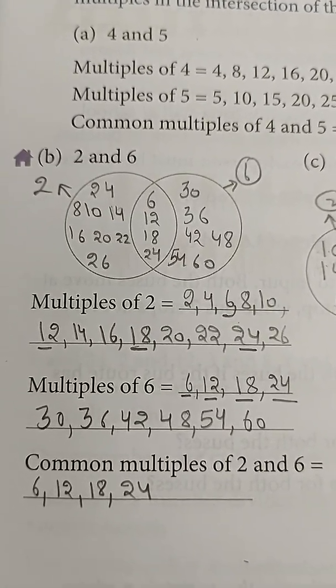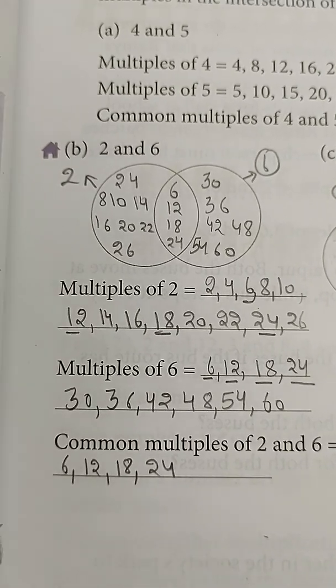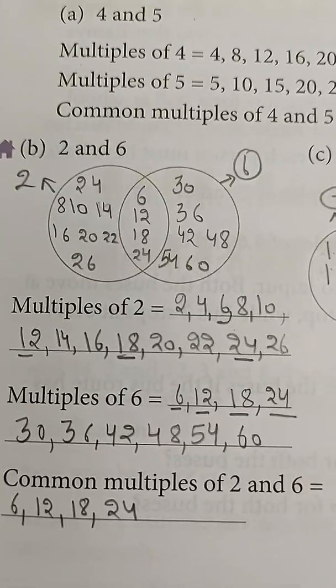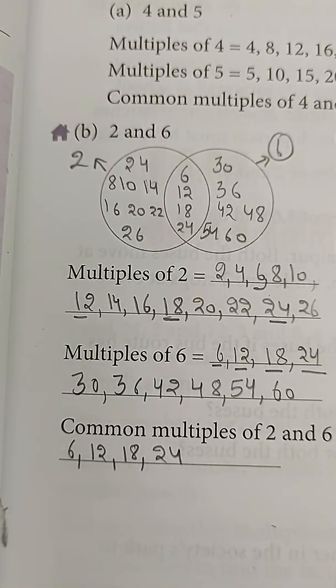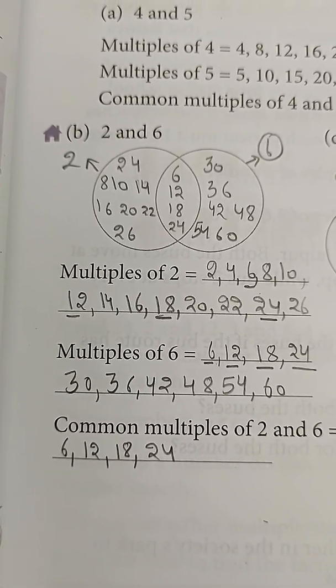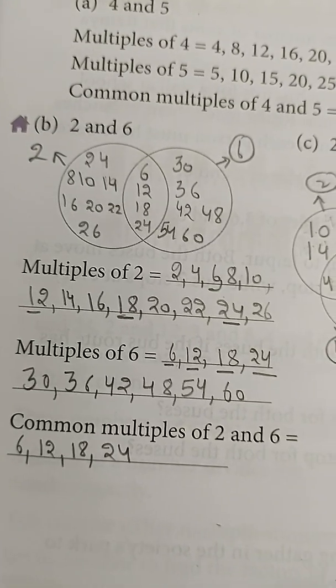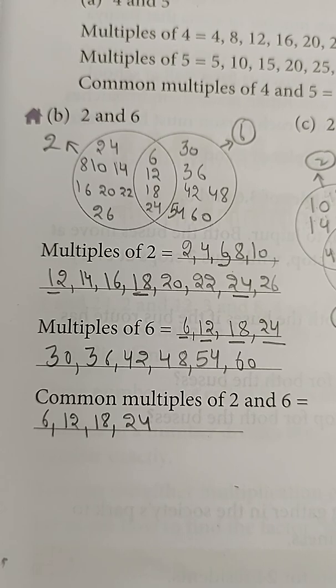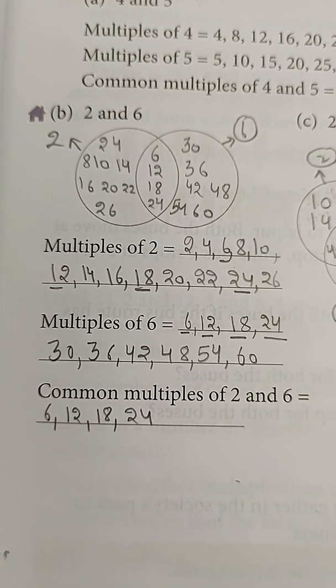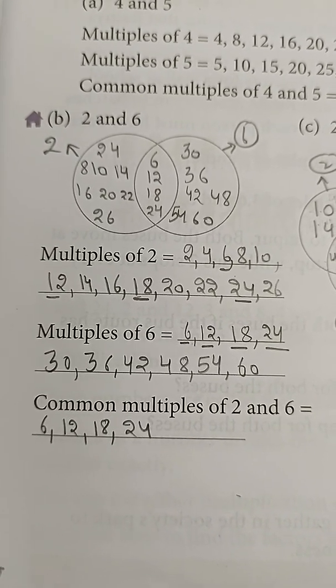A lot of you children have this belief that if you have learned the table till 10, then it's over. No, 5 elevens are 55, 5 twelves are 60, and 6 hundreds are 600, that is also a table, that is also a multiple.